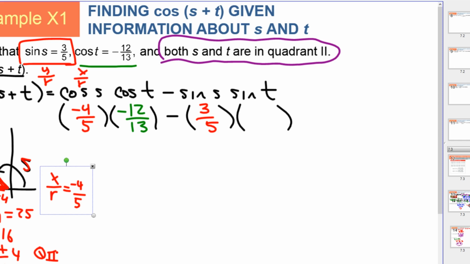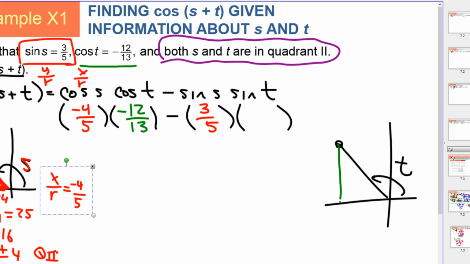We don't have a picture of t. You're going to need to draw another picture to do t. So t is also in the second quadrant. So let's draw an angle t in the second quadrant. Now again, that point defines a circle and it defines a triangle. They gave me cosine, and so I know cosine is x over r.